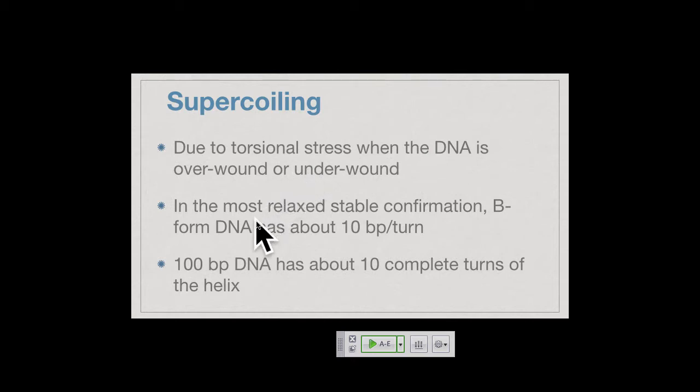This B-form DNA, which we think is the most biologically relevant form of DNA, will have 10 base pairs per turn. So we have a small little molecule. It's 100 base pairs of DNA, and it's a circular molecule. It's going to have 10 complete turns of the helix, right?